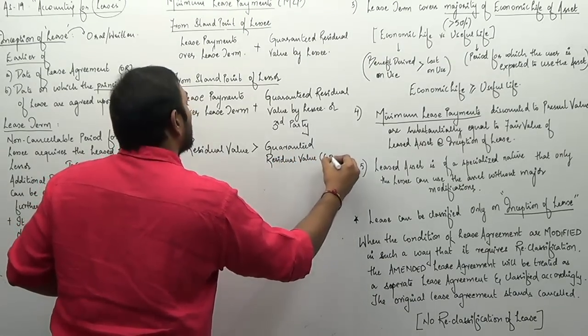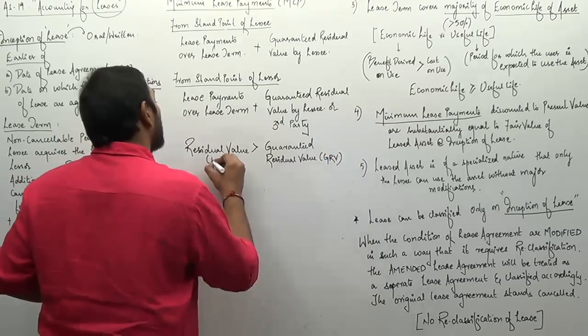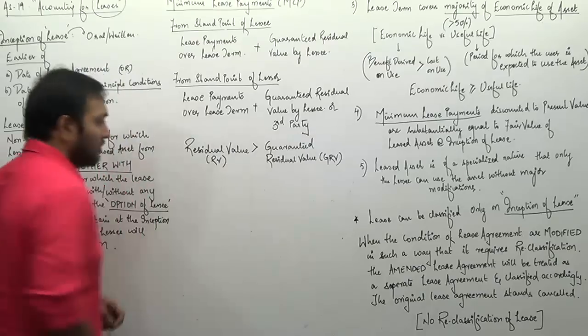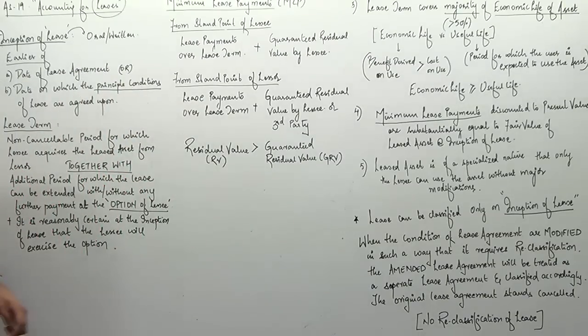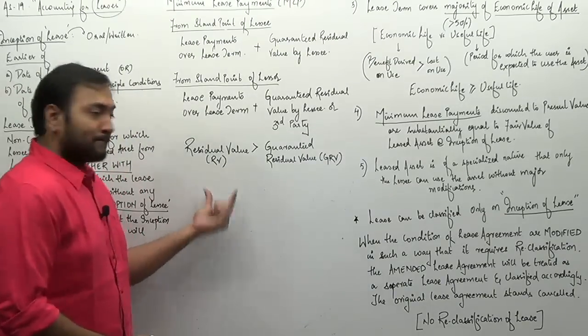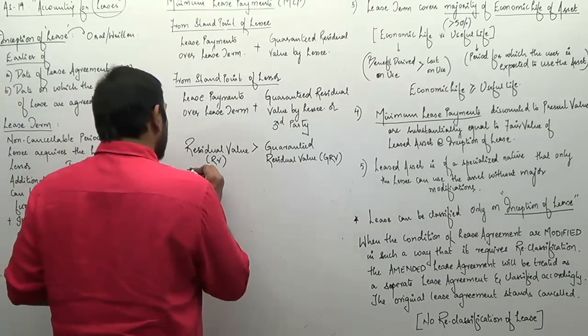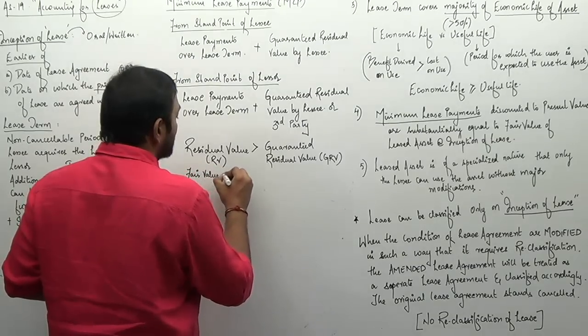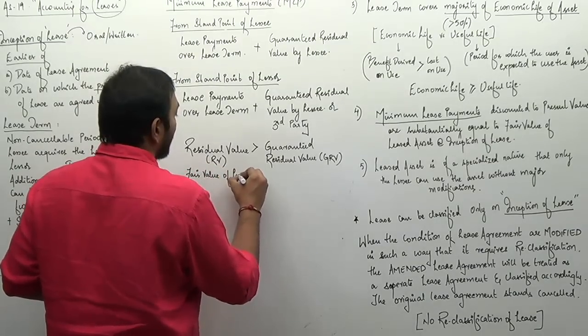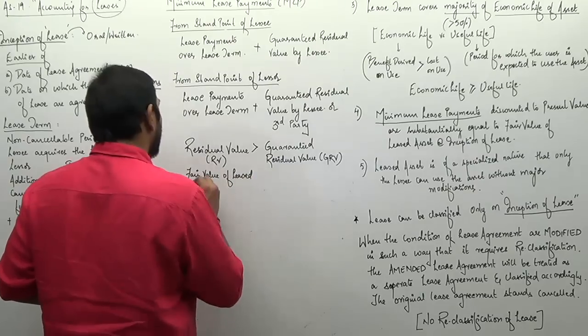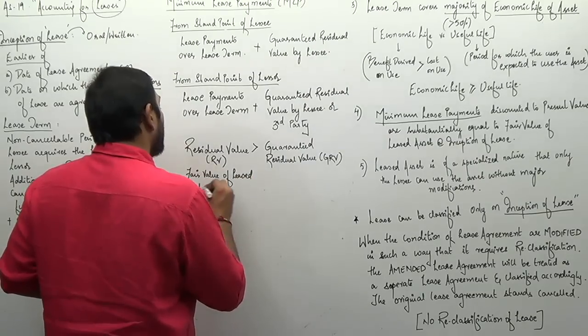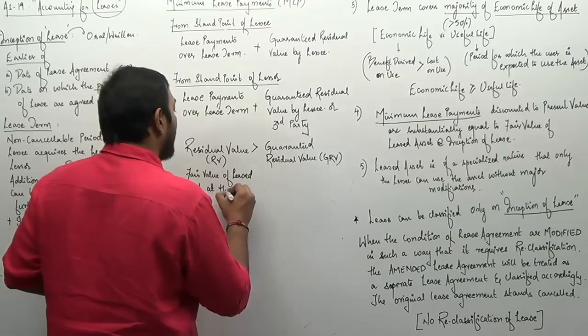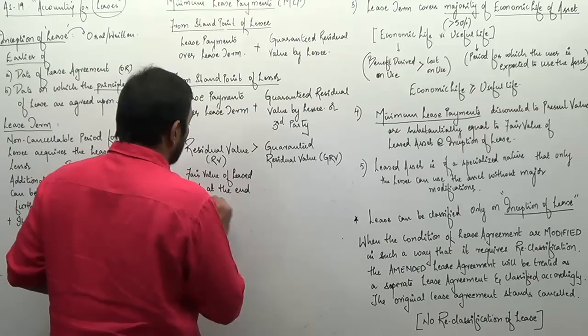This in short we call GRV. This in short is RV. Residual value is the fair value of the leased asset at the end of the lease term.